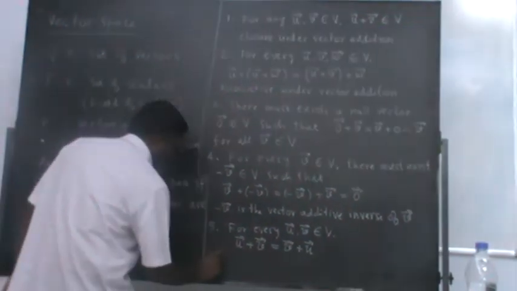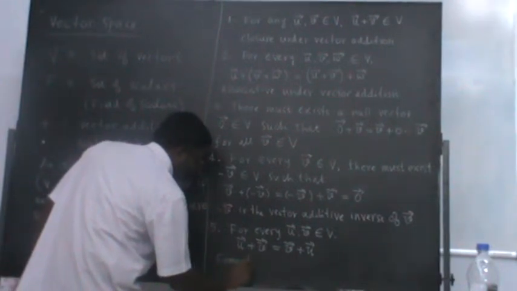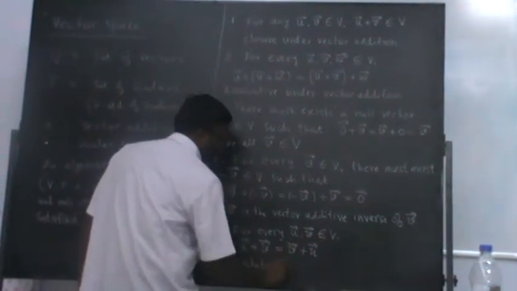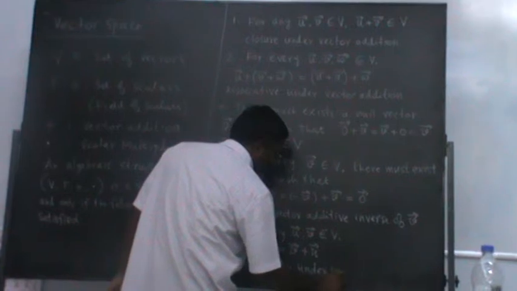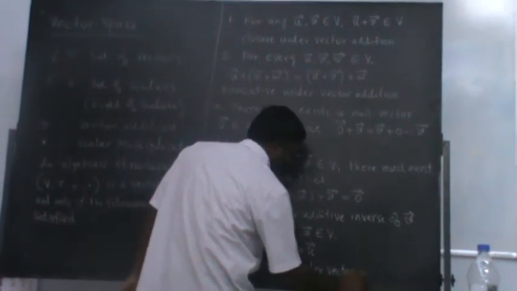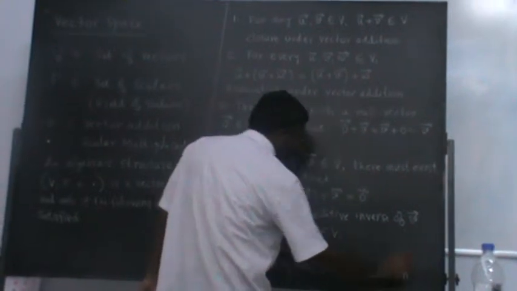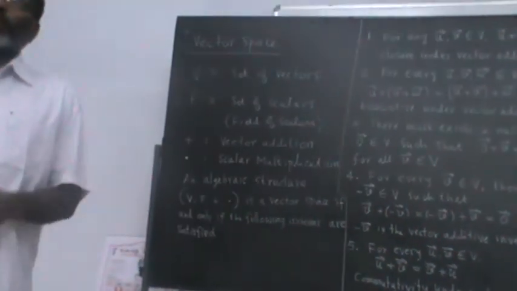This is called commutativity under vector addition. These are the axioms that need to be satisfied with respect to vector addition as a binary operation.